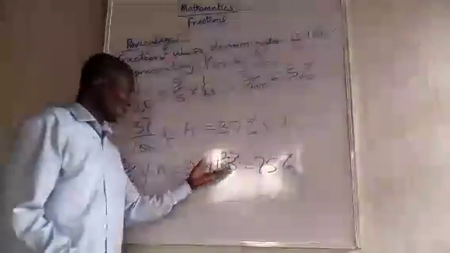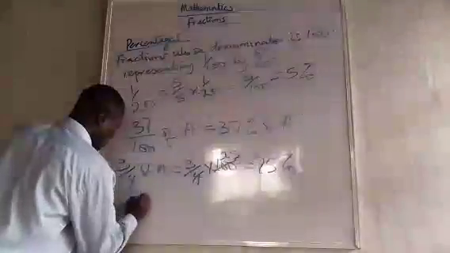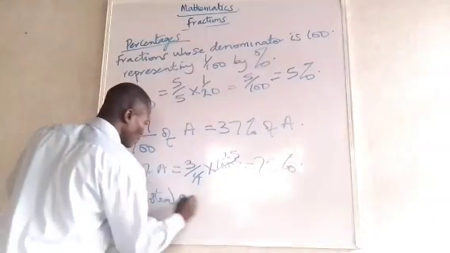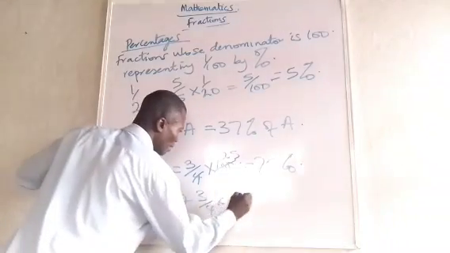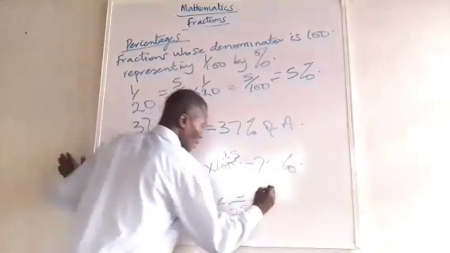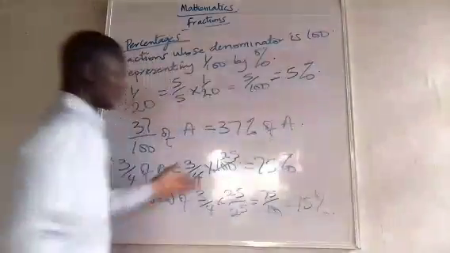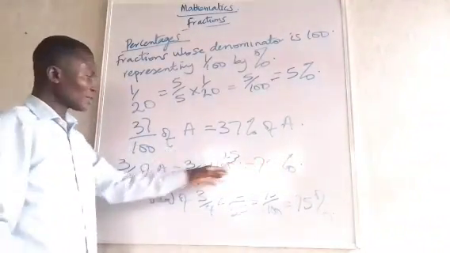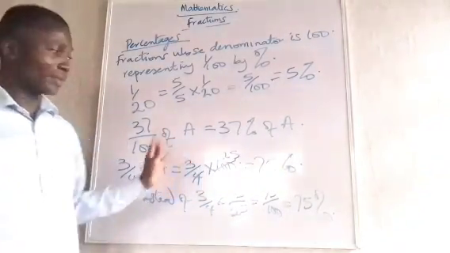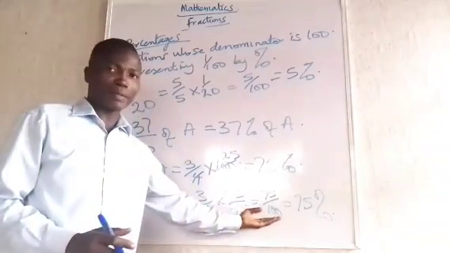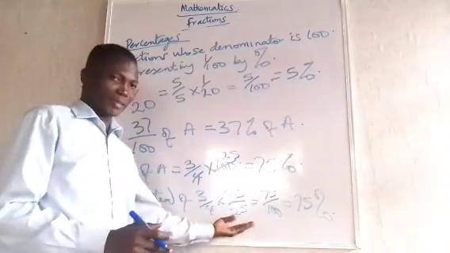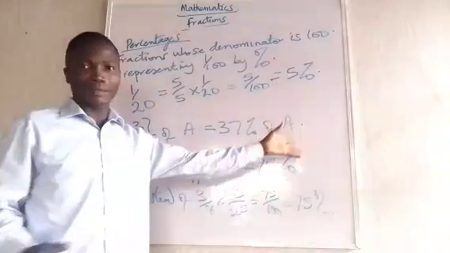Instead of saying 3 over 4 times 25 over 25, which is 75 over 100, which is 75%, you can see it's just straightforward like that. Multiply by 100 and then it gives you the percent straight. But in reality, this is what our work is. This one just gives us the answer straight. That is all.